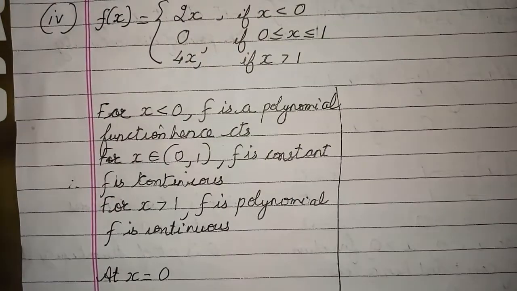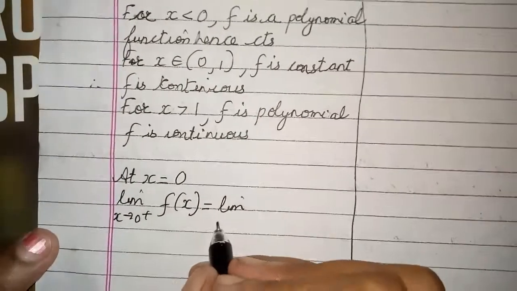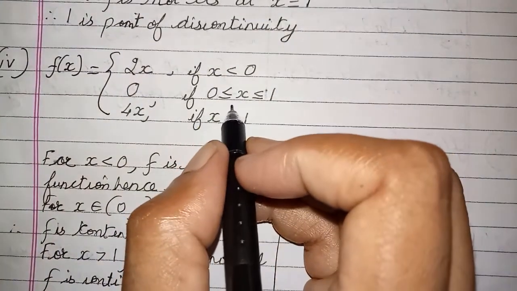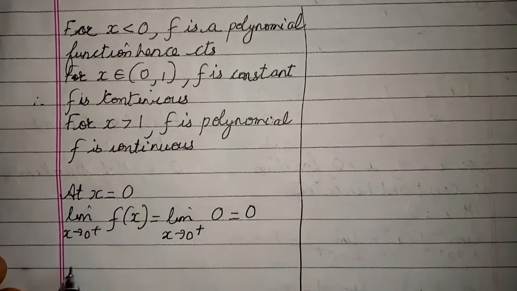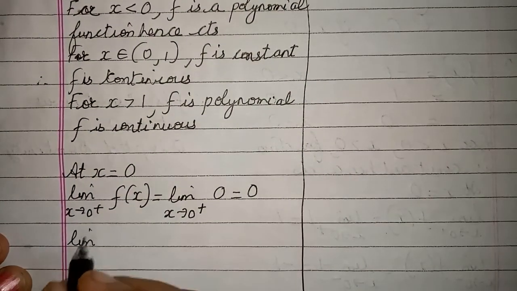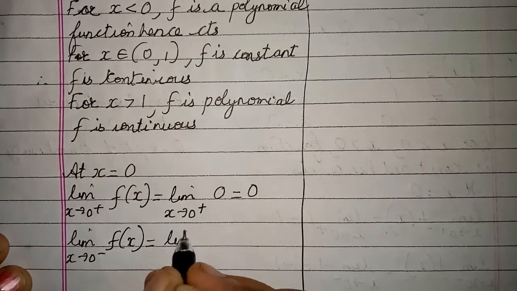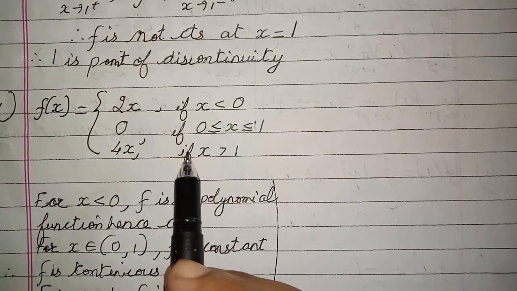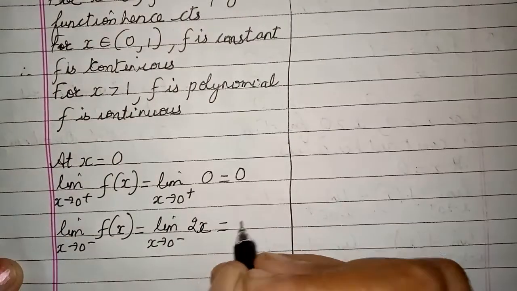So, let's check at 0. Limit as x tends to 0 plus of f of x: what is f of x for x greater than 0? It is 0. So the answer is 0. Now, limit as x tends to 0 minus of f of x: for x less than 0, it is 2x, so it is 2 into 0, which is 0.